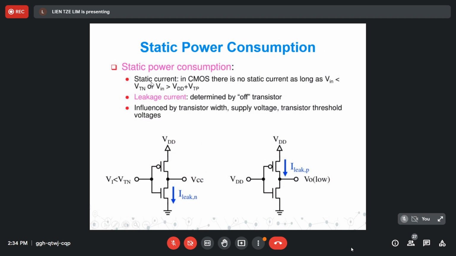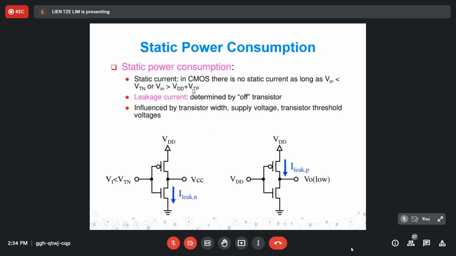The current that causes static power consumption is sometimes called static current. In CMOS, there is no static current as long as Vin is below the threshold voltage, or Vin is above VDD plus the threshold voltage.